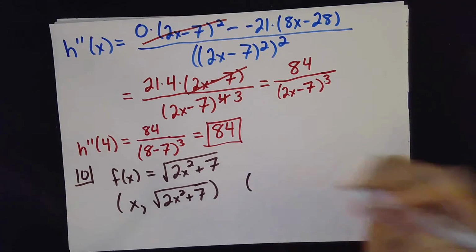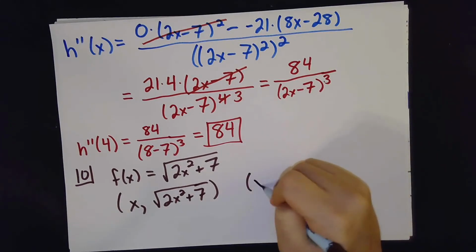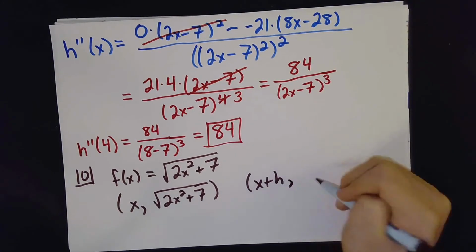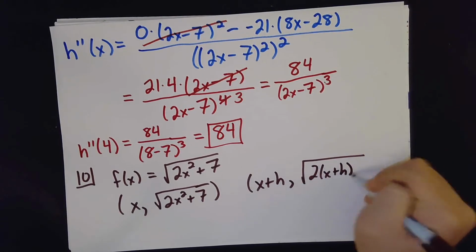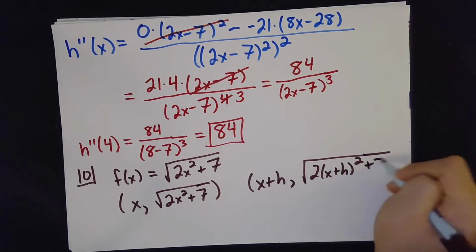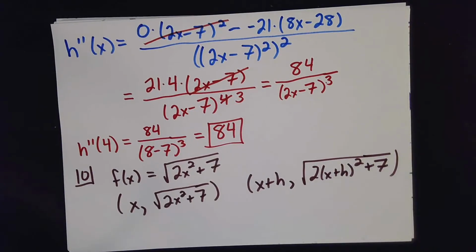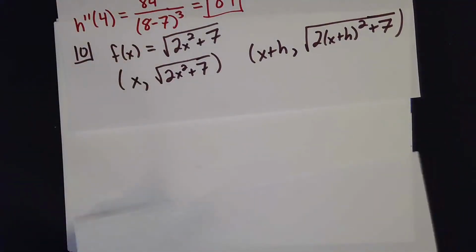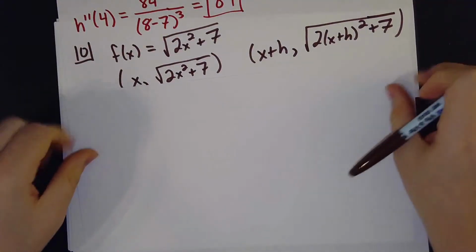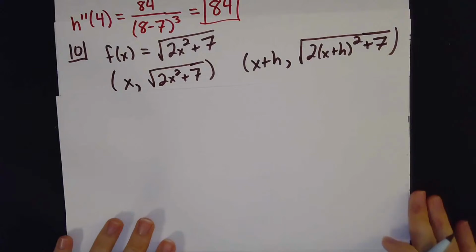And then we'll bump that point a smidge to the right. And then we'll find the average rate of change between those 2 points.